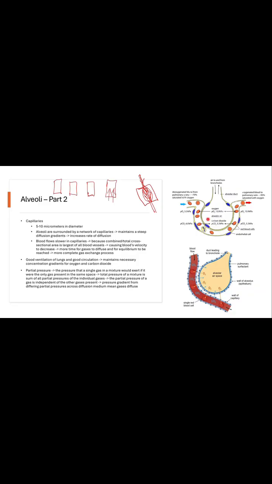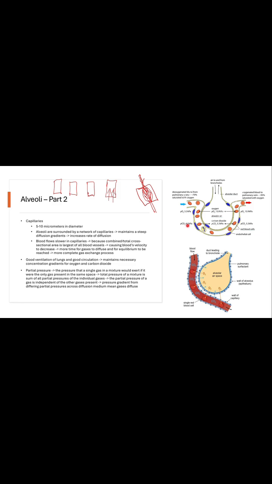And over here, you can see this is taken from our textbook. 13.9 kilopascals of oxygen is present in the alveoli, and that diffuses across to the 5.3 kilopascals that we have when the bloodstream just enters next to the alveoli.